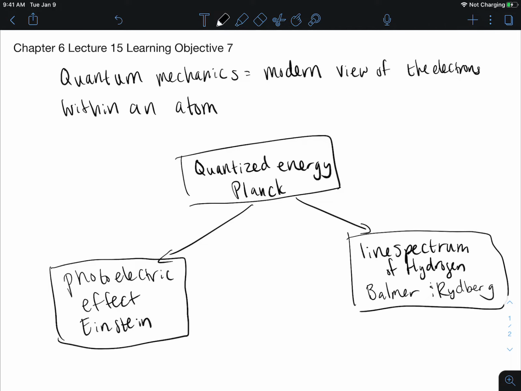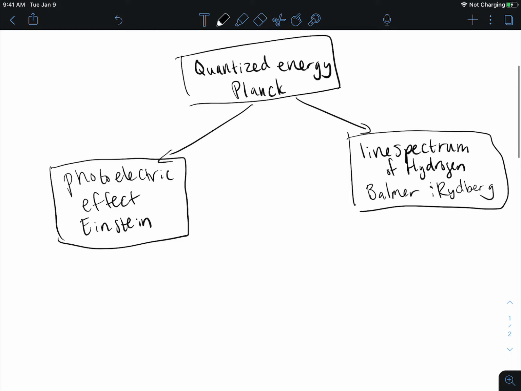Okay, so our quantized energy allowed us to explain these two phenomena, and then from these two, Bohr came up with the atomic model of hydrogen.